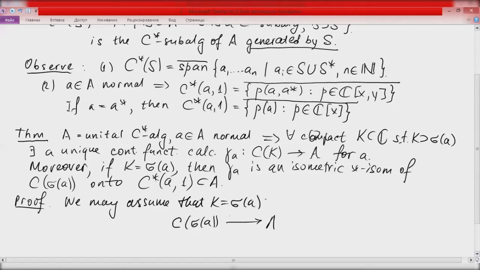So this is our functional calculus on the spectrum. If now K is a compact set containing the spectrum, we then have the restriction map from C of K to the algebra of continuous functions on the spectrum. And if we compose these two maps, then the result will be, again, a functional calculus for the same element defined on C of K. So we may assume from the very beginning that K is the spectrum.